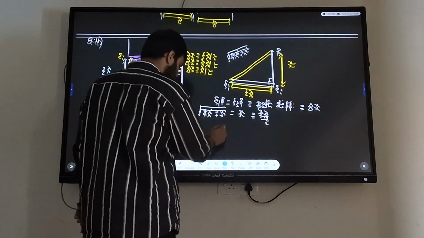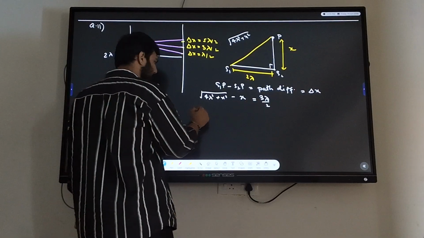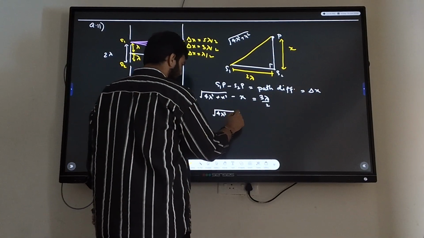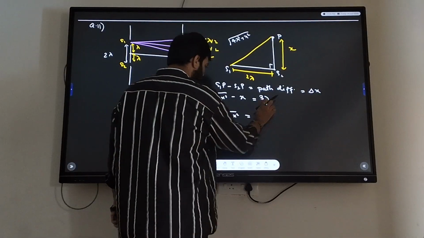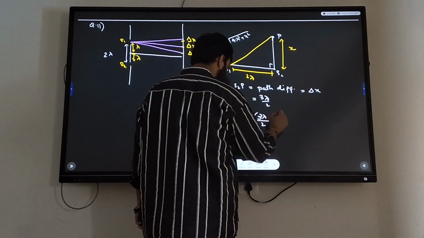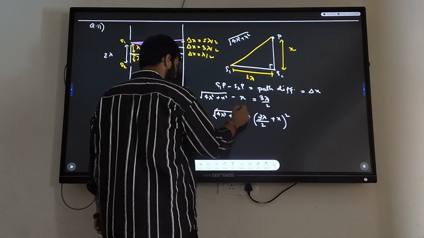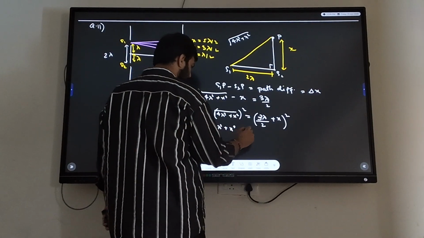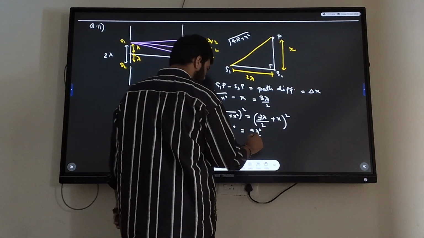You just square it, and you can take the plus x on the other side. 4 lambda square plus x square is equal to 3 lambda by 2 plus x the whole square. We take the square, and now it's just a matter of algebra.